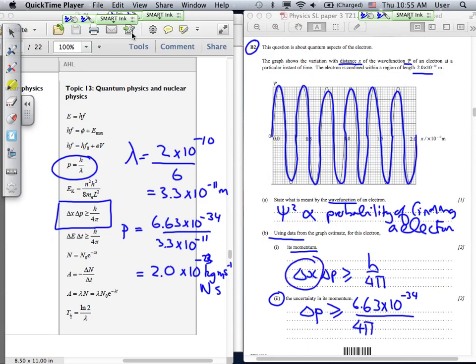Now we can see here that it says it is confined within the region of 2 times 10 to the negative 10. So there's different ways of doing it. If the electron was for instance somewhere in this region, it could be over there. So this actual amount is your uncertainty in x.